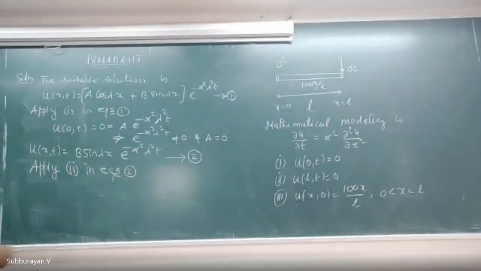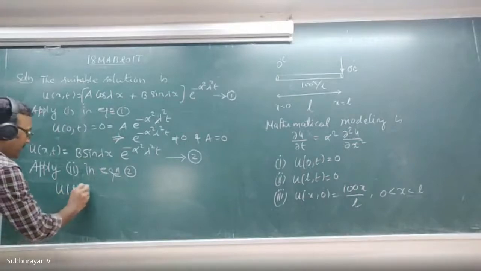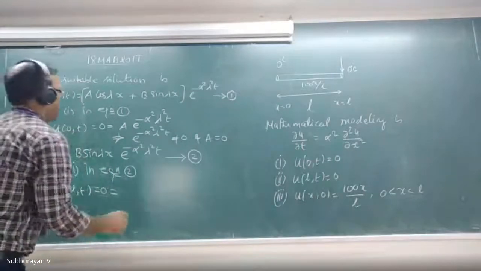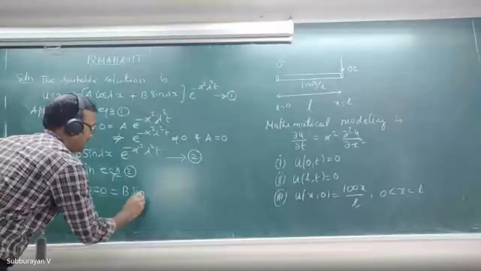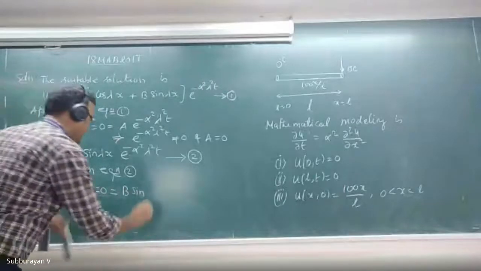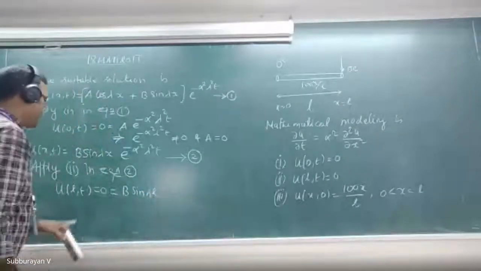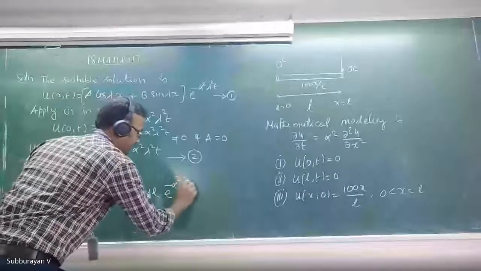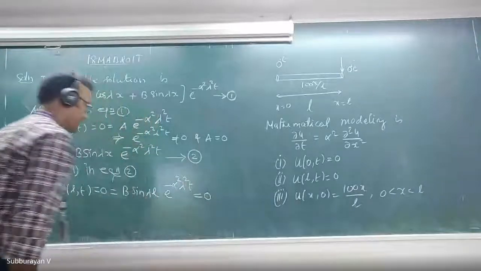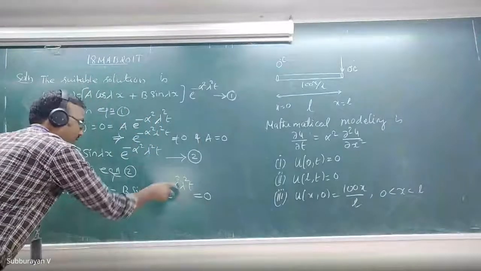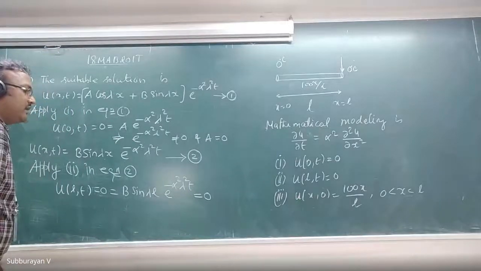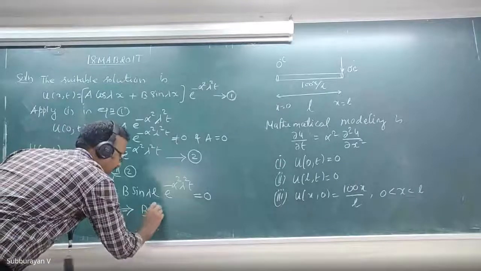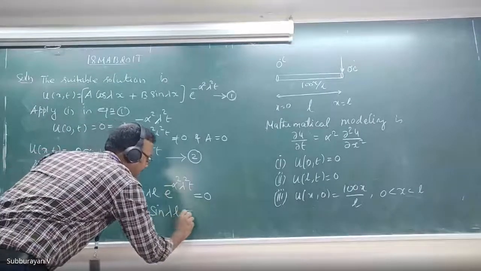That is u of L comma t which is equal to 0, which is equal to, what will I get here? b sin, we replaced x by L here, therefore lambda L into e power minus alpha square lambda square t equal to 0. Already we know that e power minus alpha square lambda square t is not equal to 0. Therefore b sin lambda L which is equal to 0.